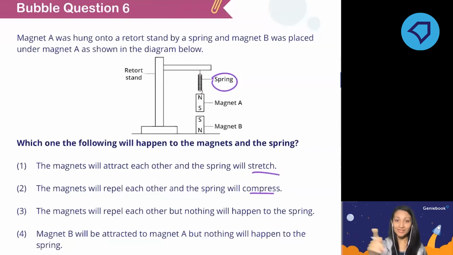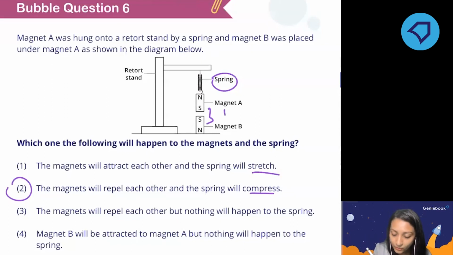Okay, not bad. This time I can trust you when you say it's easy, because more than 90% actually got it correct. A lot of you are able to tell me that the magnets will repel each other. Why? Because they have what? What's the keyword here? If I ask you to explain, the magnets will repel each other due to, just say like. Like what?